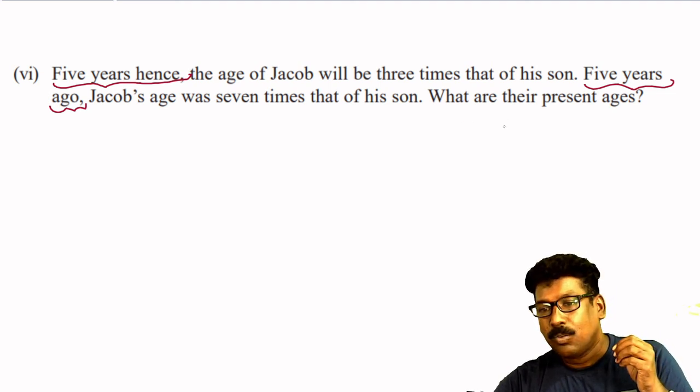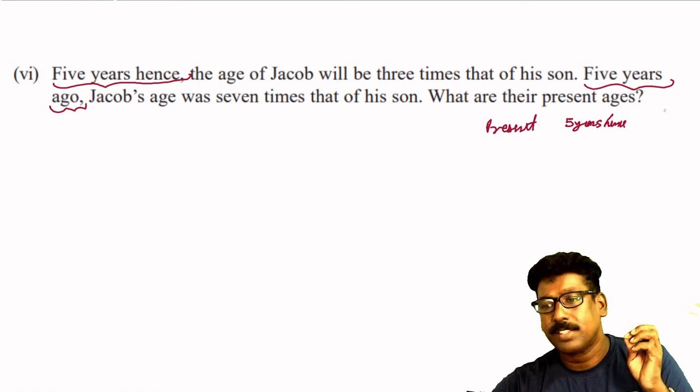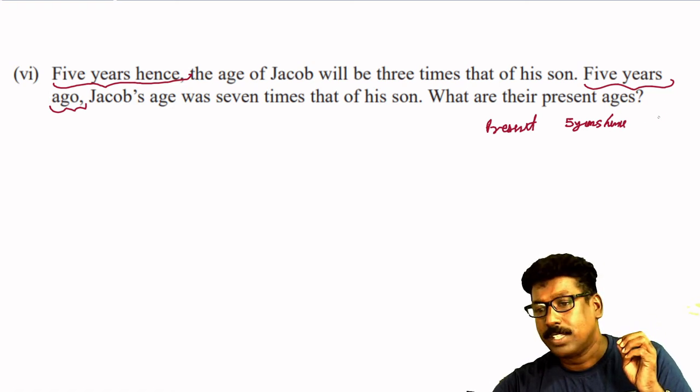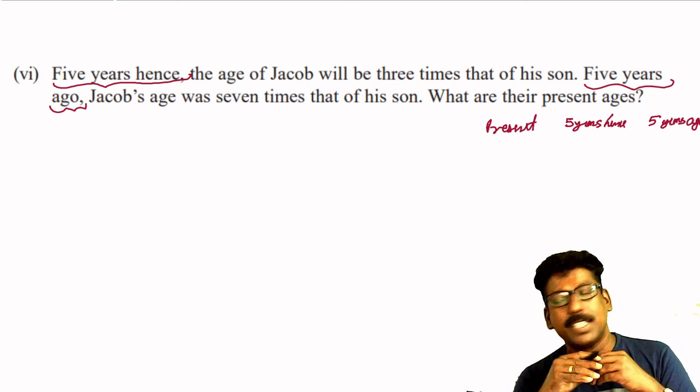One column contains the present age, and the conditions are 5 years hence, that is after 5 years, then 5 years ago.